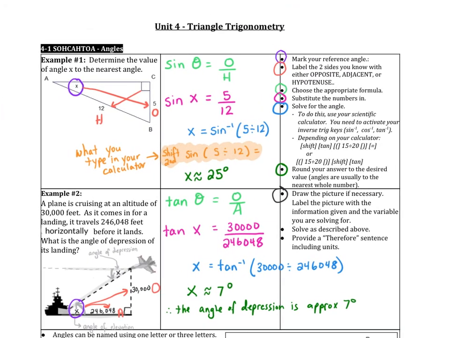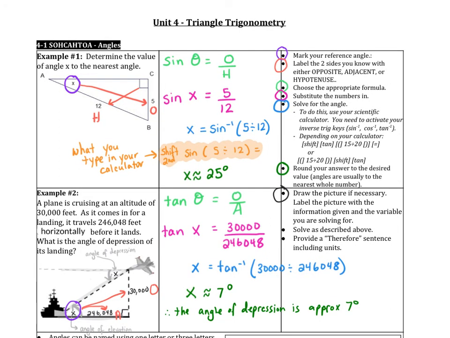Now, to help you remember the formulas, we have this word here called SOHCAHTOA. SOHCAHTOA helps you remember the formulas because the SOH stands for sine equals opposite over hypotenuse.